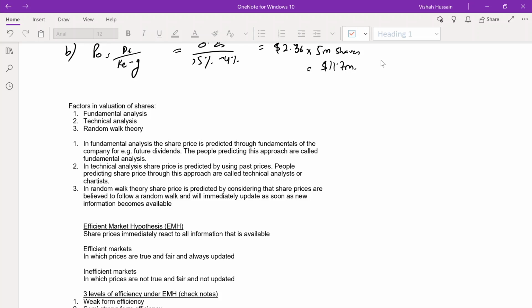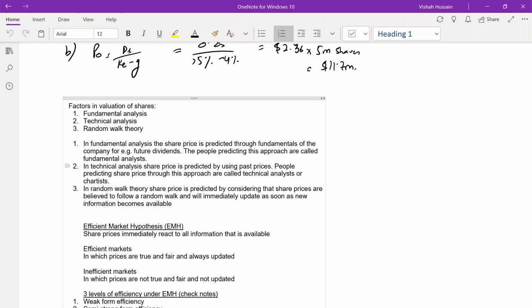People who predict using this approach are called fundamental analysts. In technical analysis, share price is predicted through past prices. People predicting share price through this approach are called technical analysts or chartists. And in random walk theory, share price is predicted by considering that share prices are believed to follow a random walk and will immediately update as soon as new information becomes available.